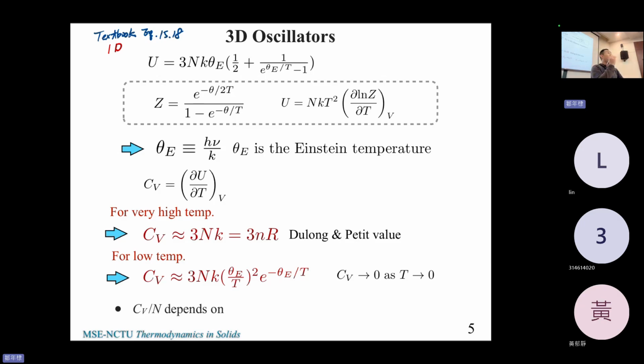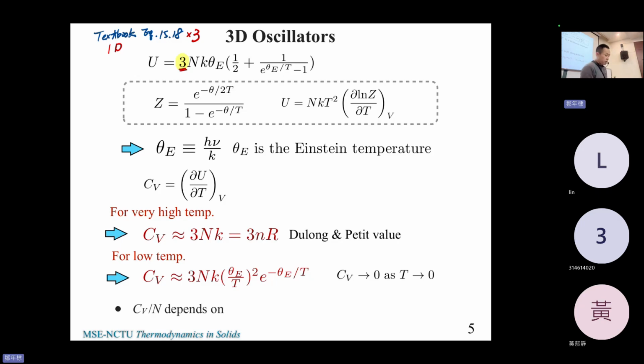So the 1D oscillator has the U in here. But now we are going to have three of them, three-dimensional, so we need to multiply by 3. That's how this works.